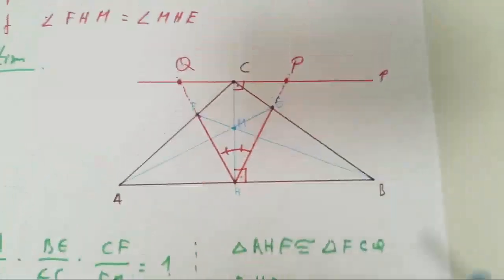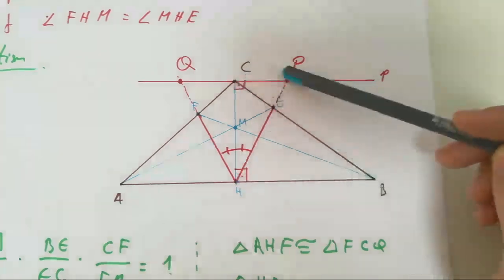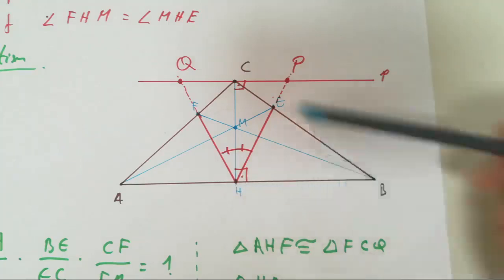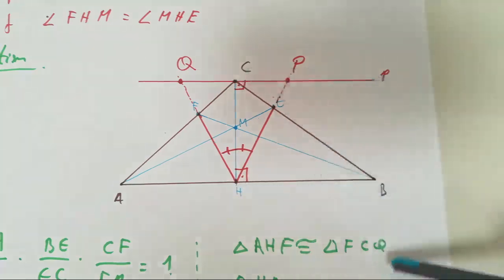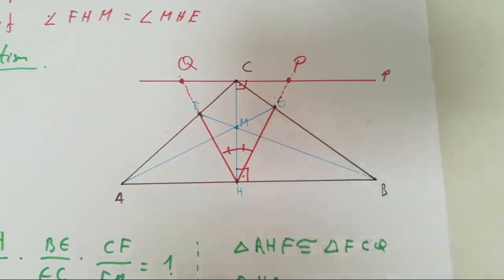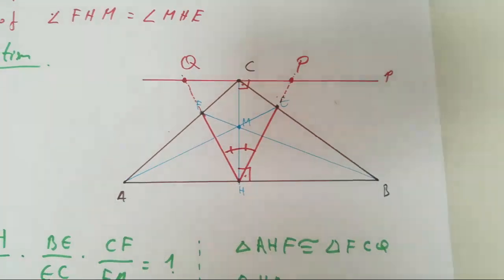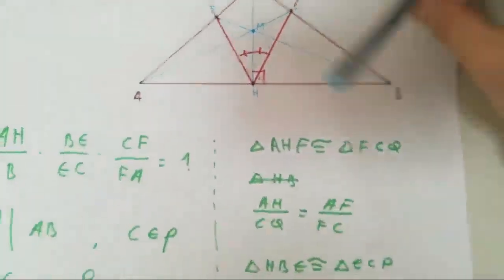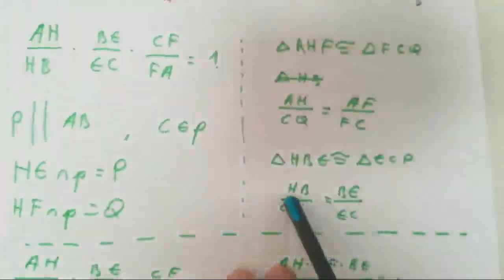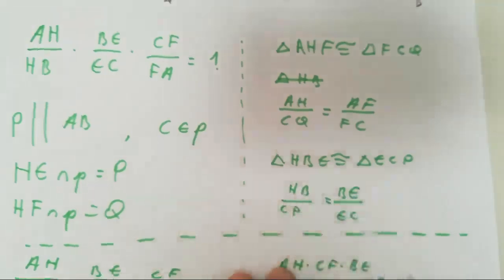The same applies for the triangle HBE and the triangle ECP. Those two triangles are these ones. They are similar. Look, parallel sides, all angles are equal, so we have two similar triangles. From those two triangles, we have that HB over CP is BE over EC.